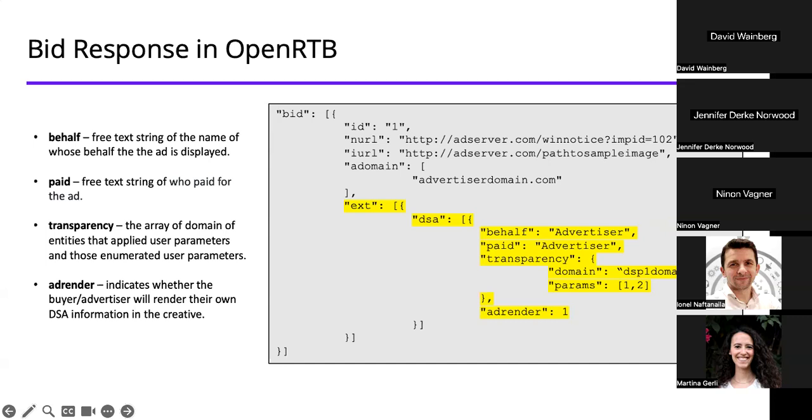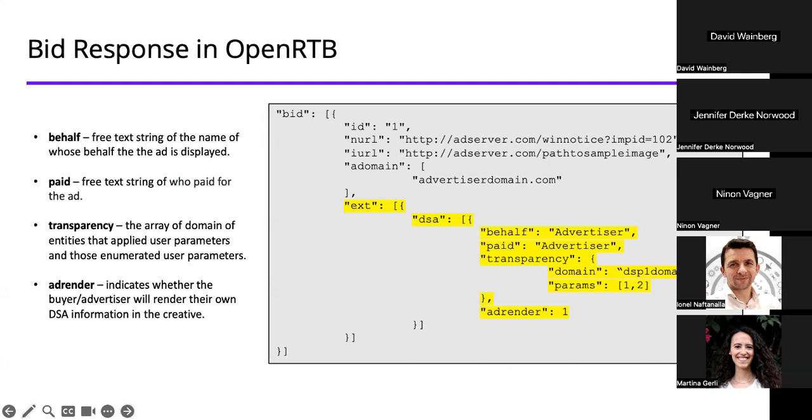This is a free text representing on whose behalf this ad was displayed. Next attribute in the extension is the paid attribute, also a free text field. What this represents is who actually paid for the ad. And this may or may not be the same as the behalf value, but it is required even if it is the same.